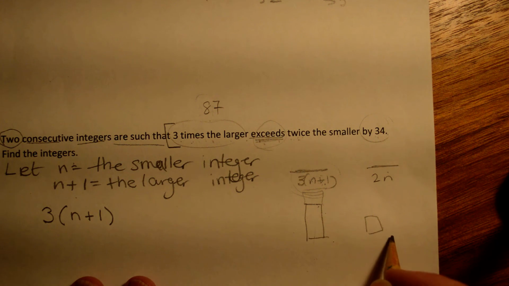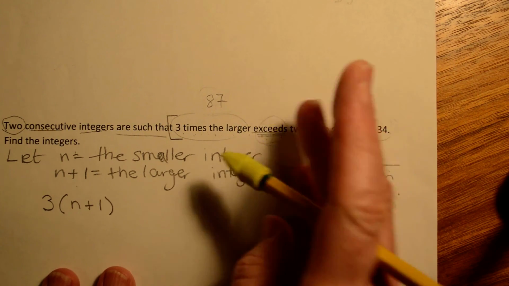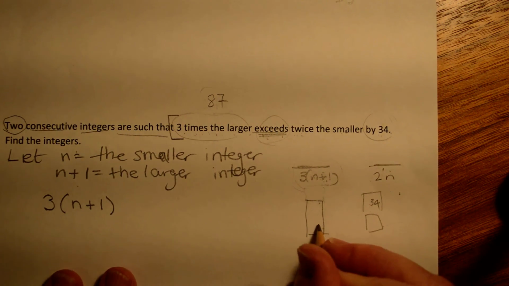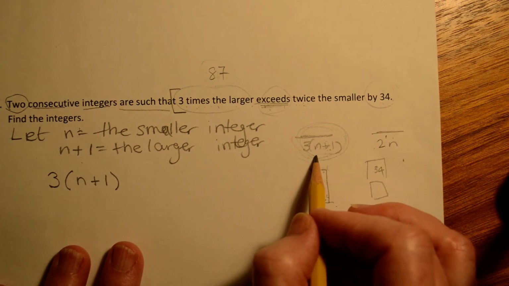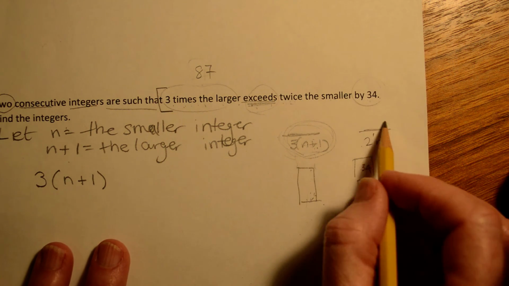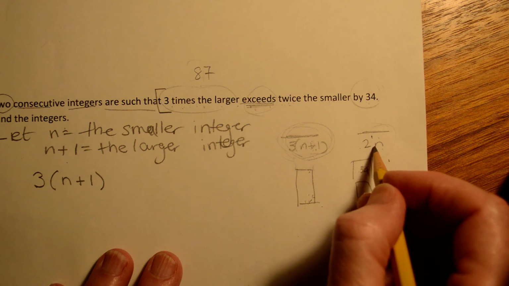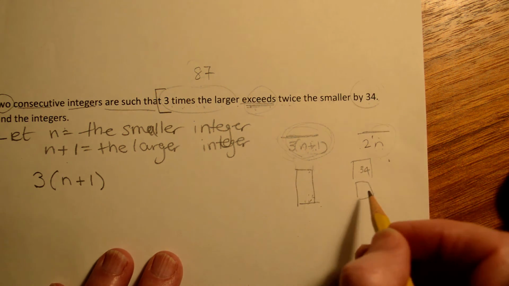It's not going to make them equal. In order to make them equal, we're going to have to either add the 34 onto this, or subtract it off of this. So if this is already the bigger thing, in order to balance them out, this one is going to have to be made bigger to rise up to this, or this is going to have to be made smaller to get down to this.